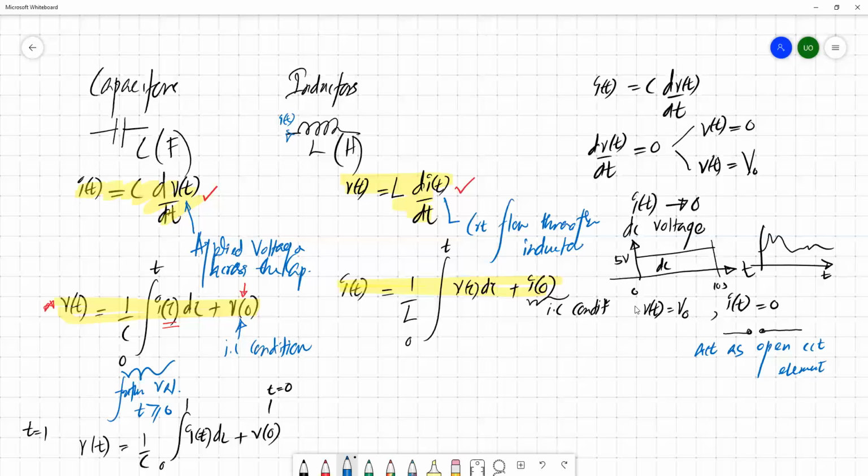We basically get this conclusion by looking at this expression. This is the fundamental equation which explains the capacitor: current equals C times the derivative of the voltage. So what happens if this derivative goes to zero?